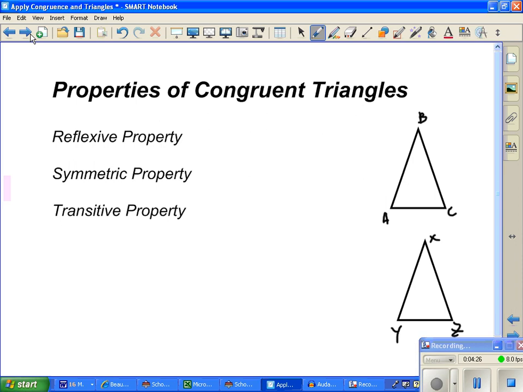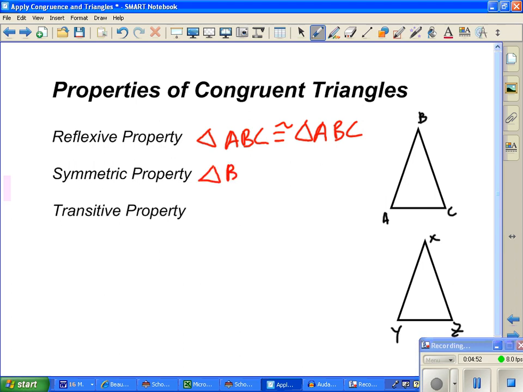We've got the reflexive property, which means triangle ABC is congruent to triangle ABC. We know that. Any triangle is congruent to itself. Reflexive. We knew that. We had sides that were congruent to each other. The symmetric property. This says, let's just change the order here.